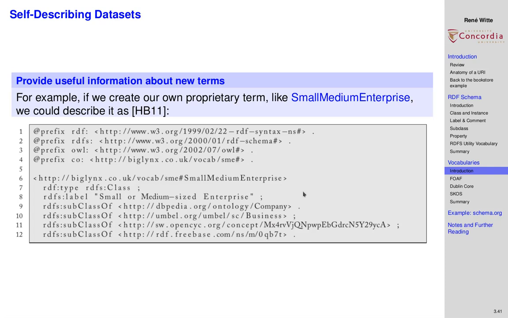So essentially, when you define a new term, you should reference existing terms, for example, with subclass or other relationships, so that an automated AI reading your knowledge graph can make some inferences, has some knowledge about the information you described there.